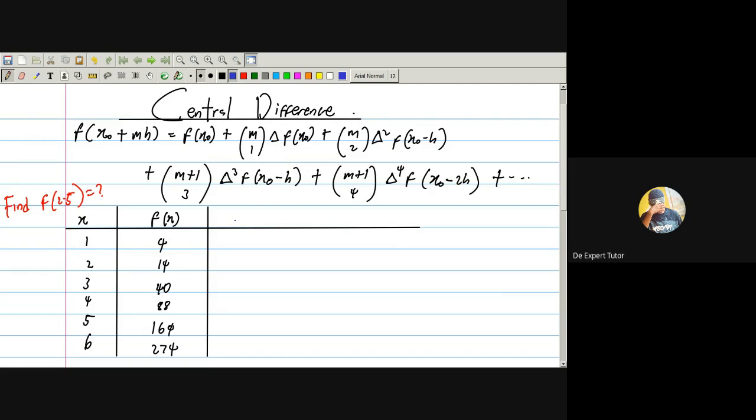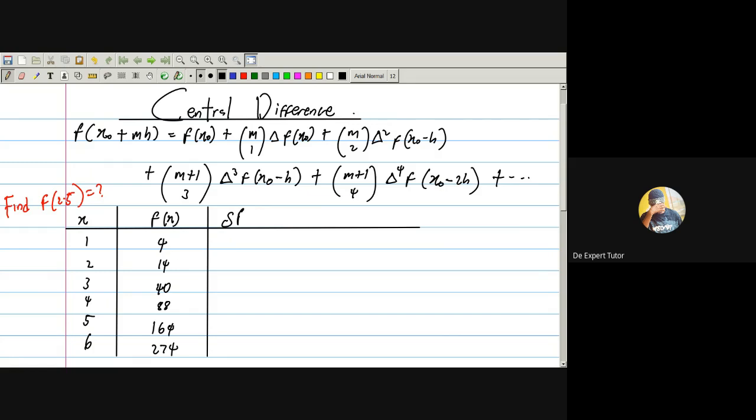With central difference, you can see some tables doing their own difference. In fact, let me help you change this notation. I can change this notation for you as C, because with central difference, you can see them changing their notation this way.